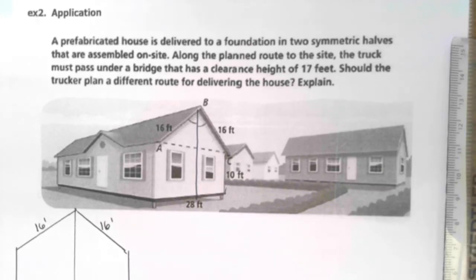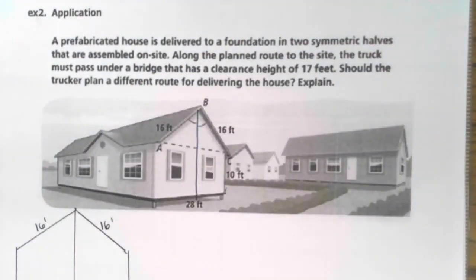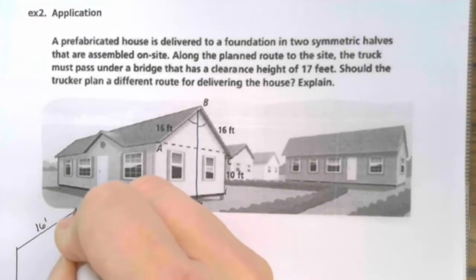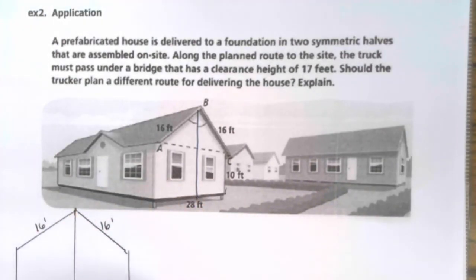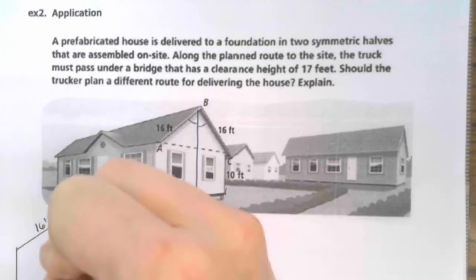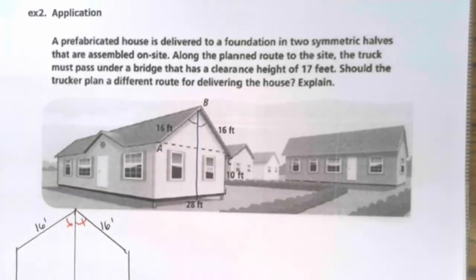And the question is, how tall will this be so it will get under the bridge that has a clearance height of 17 feet? Okay, here's the secret to this one, if there is one, is to recognize the fact that if you drop a line straight down, it is perpendicular. It also splits this angle.